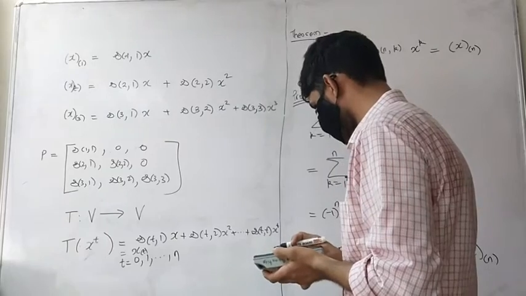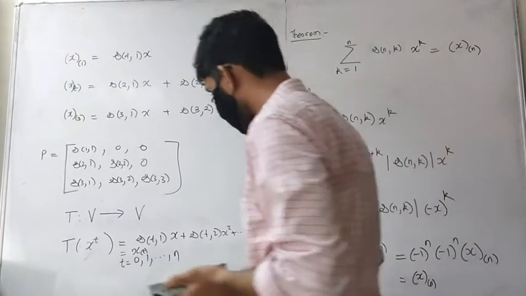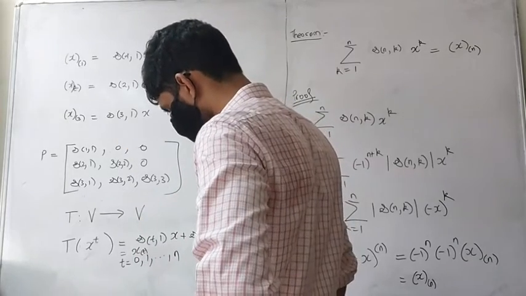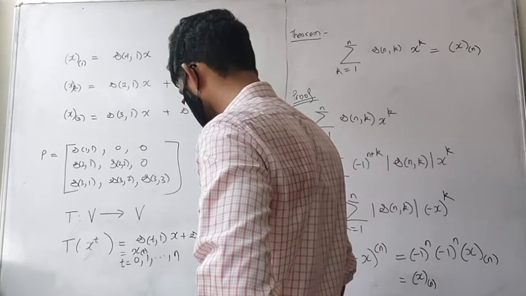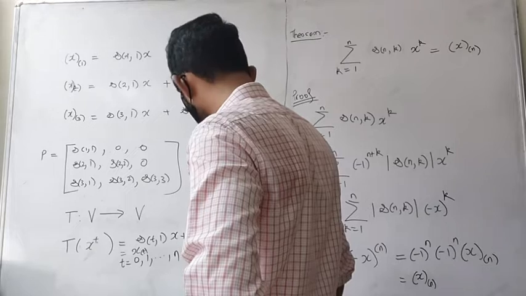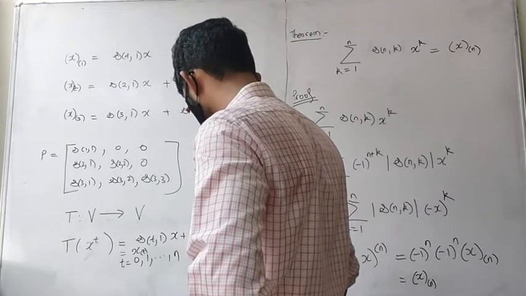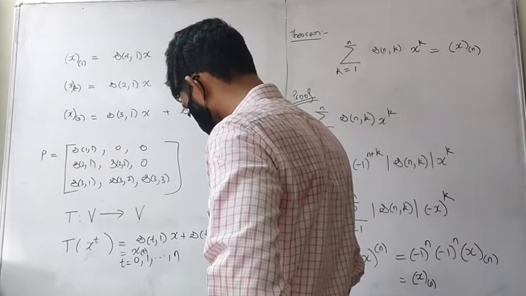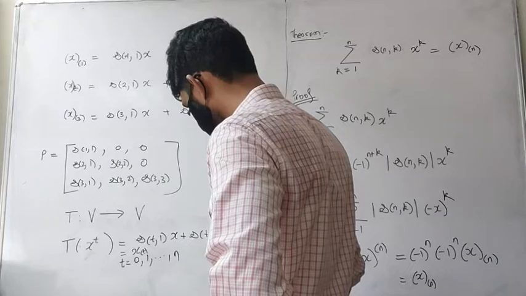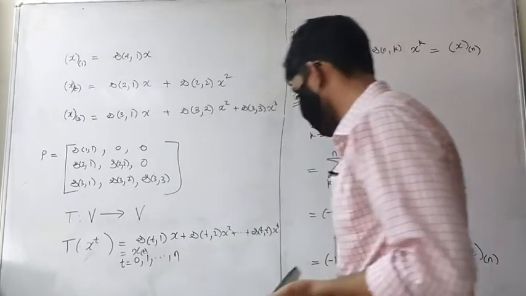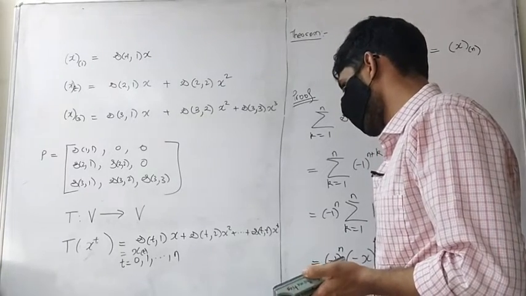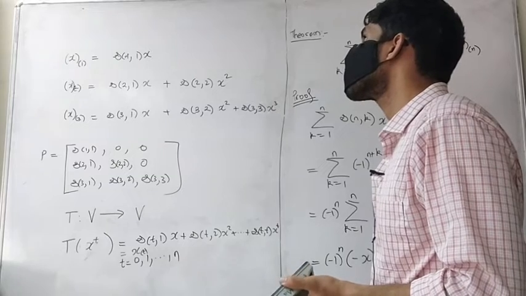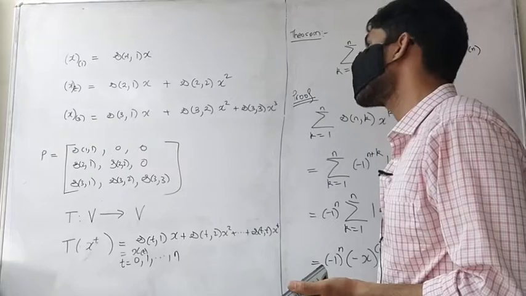I am a little confused. Yes, this would be p times the tth position, right?